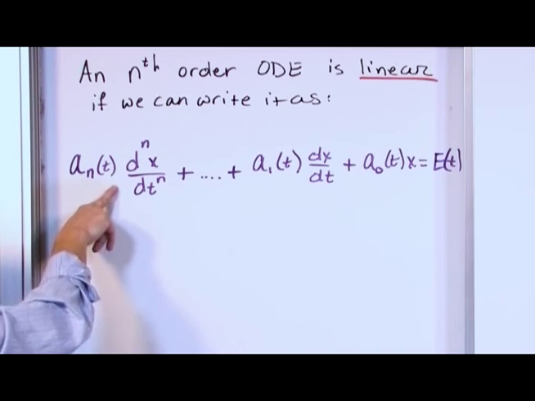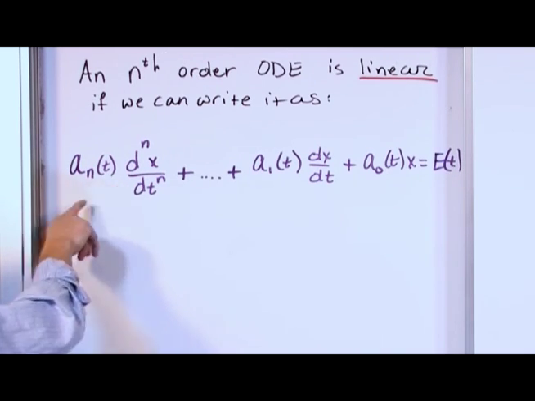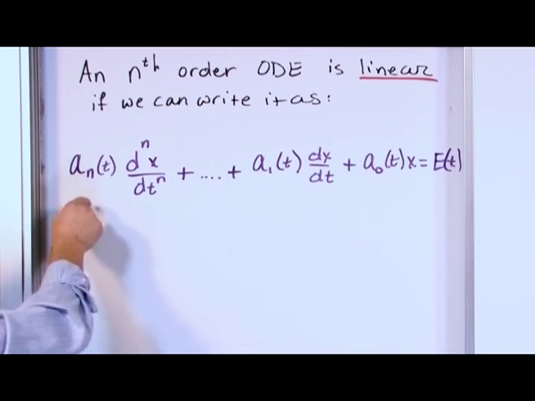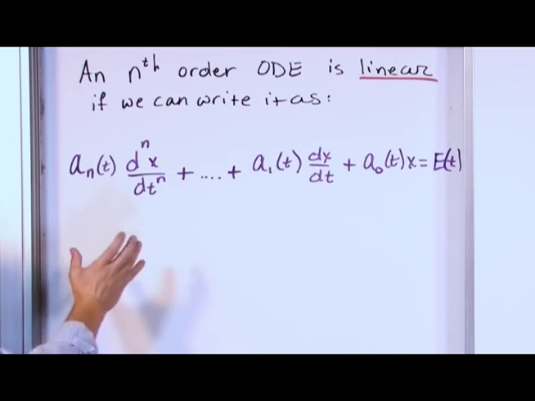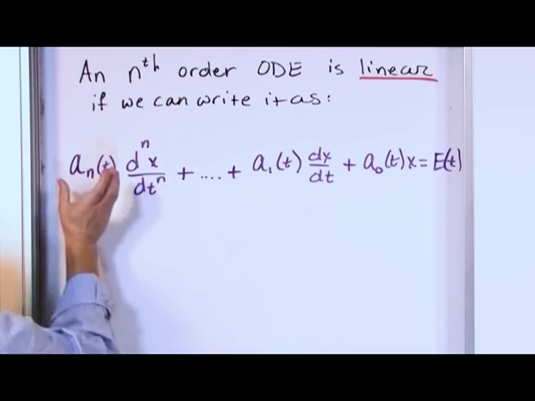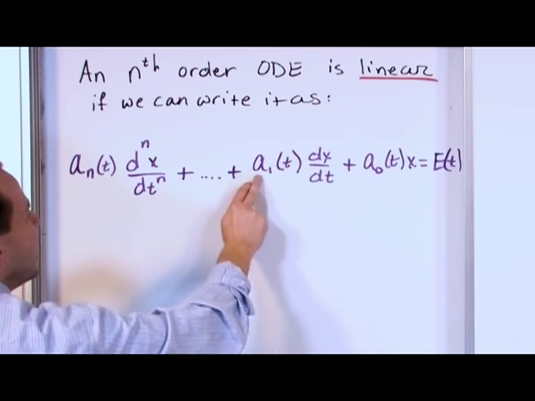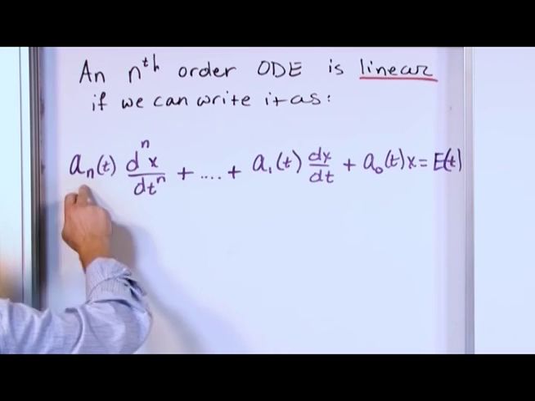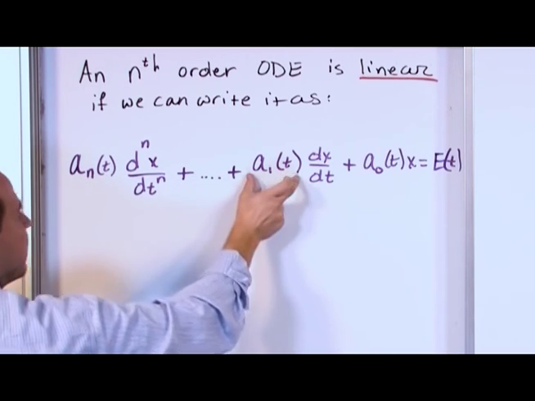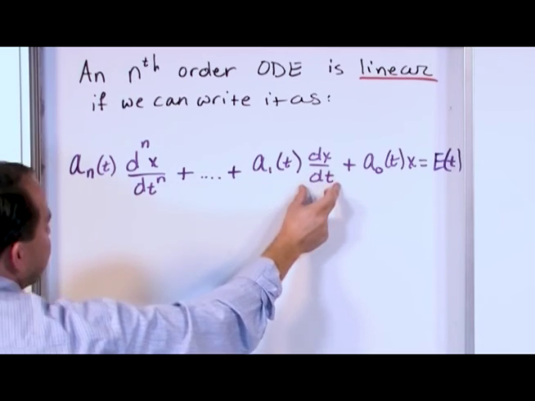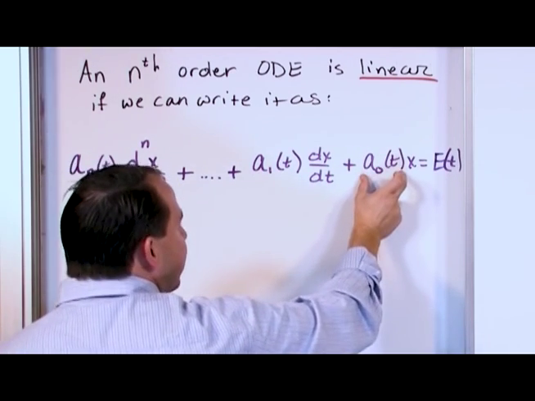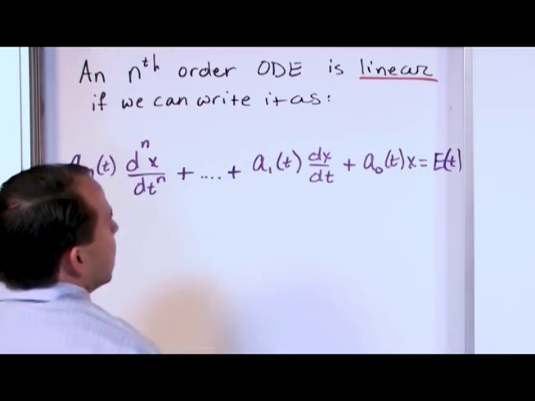This could be sine of t. This could be the logarithm of t. This could be 1 over t. It could be any function of time. So you could literally have some derivative with any function of time in front of it. Here you have a first derivative with a different function of time in front of it. That's why the subscripts are numbered differently. Could be a different function of time in front of this term, and this one could be a different function of time in front of this term here.